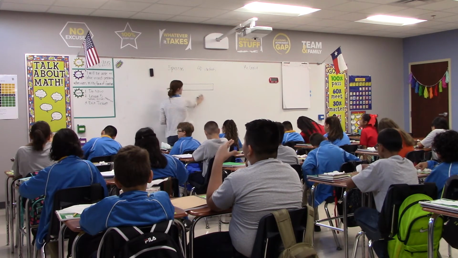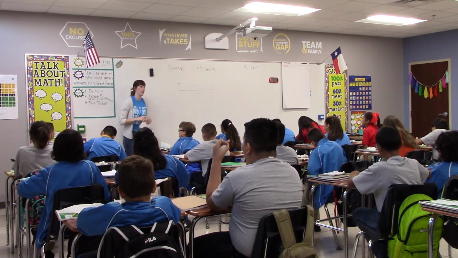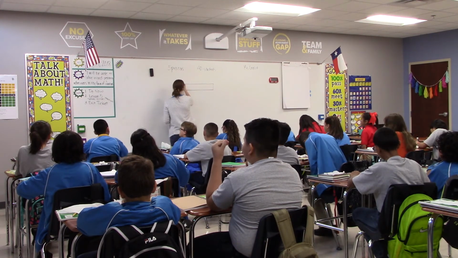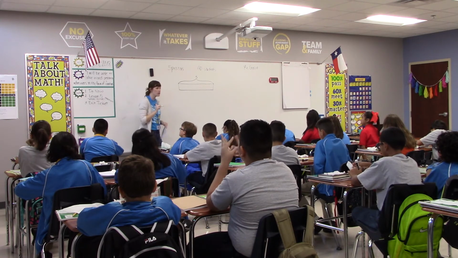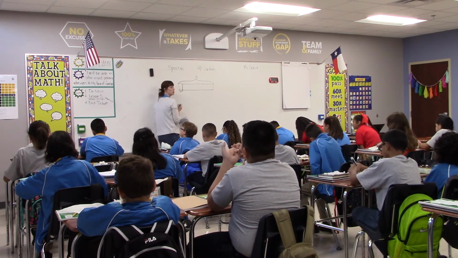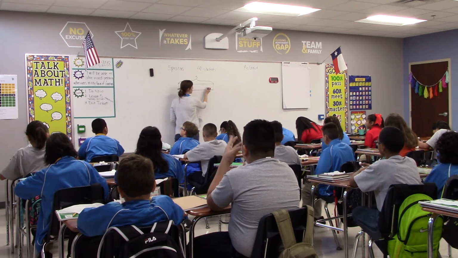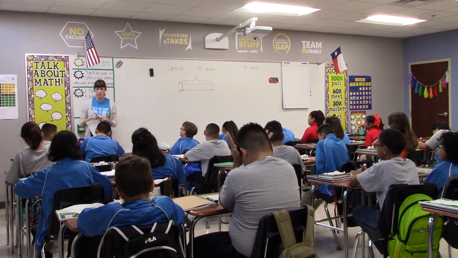Will I split this into 40 units? No. That would be a lot of work, right? I can draw 1 unit and imagine that I've split the rest into 40 equal pieces, right?